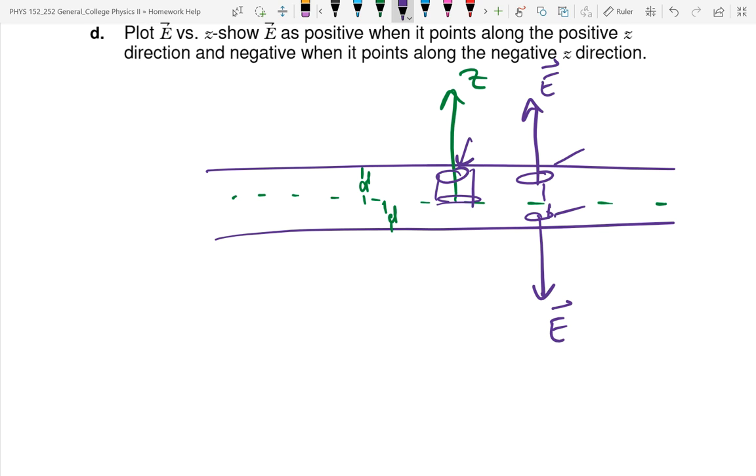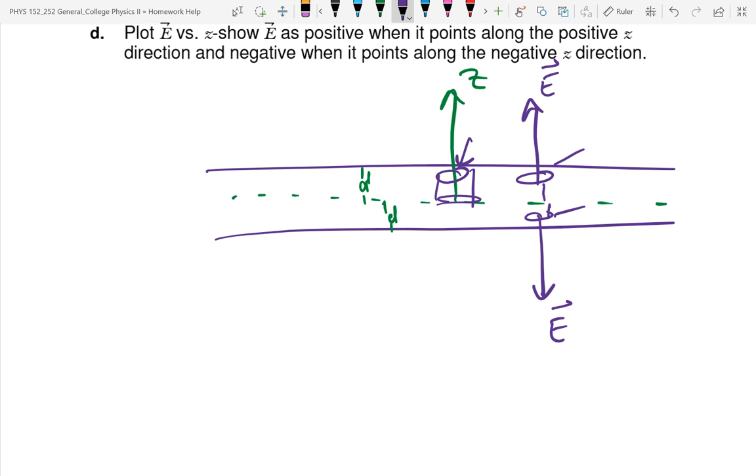And this is a uniform charge density, so the charge enclosed is just going to be the height times pi r squared, well, let's just say area. The height of your cylinder times the area of your cylinder times the charge density is the charge enclosed. And the flux will just be the area of the cap of your cylinder times the electric field.